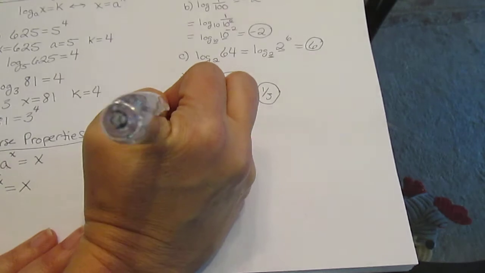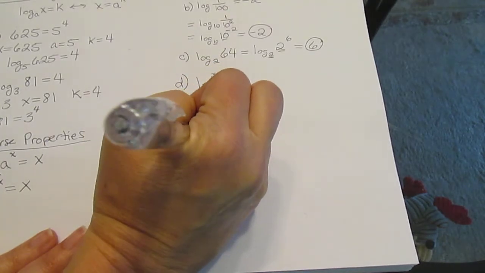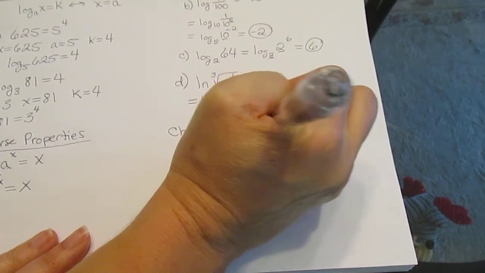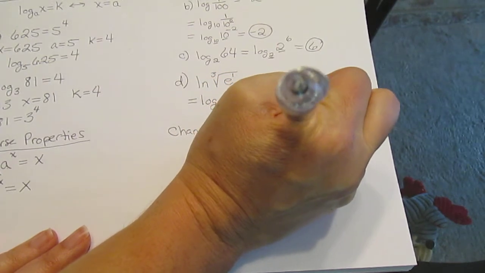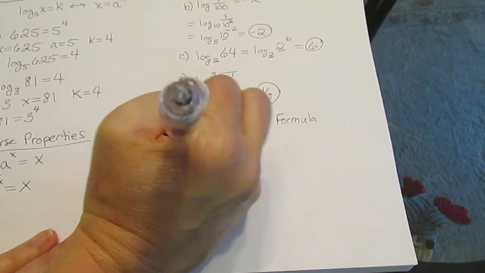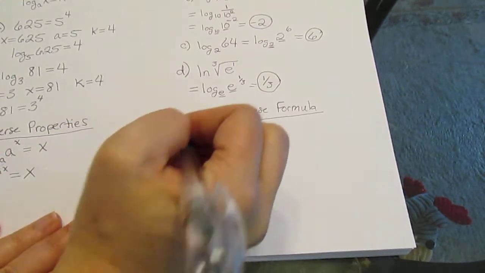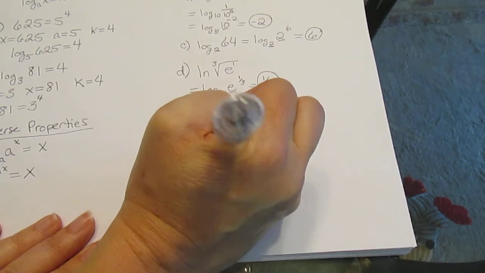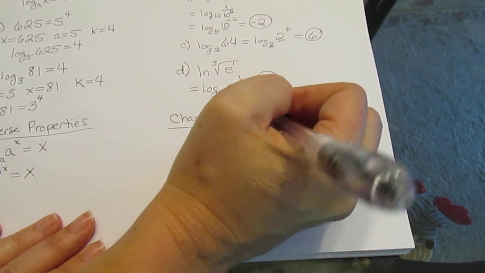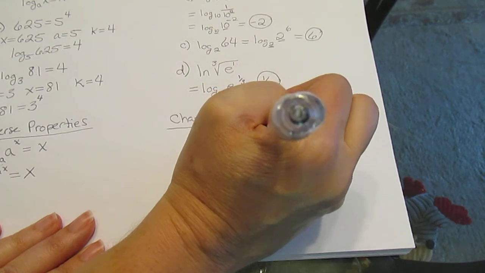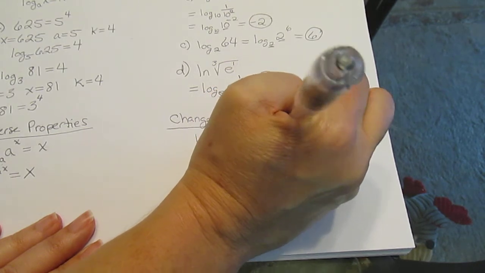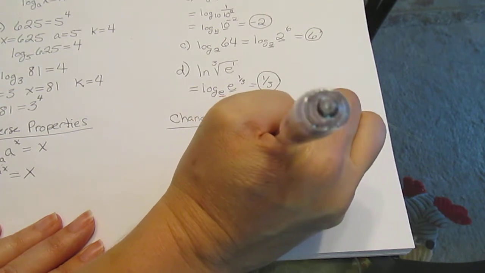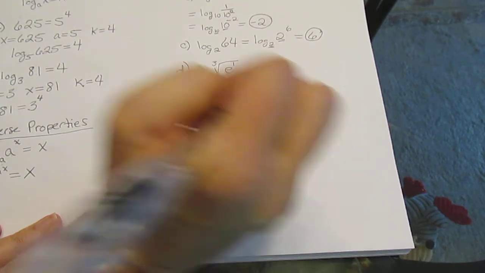So let me write down the formula. We've got log base b of x equals log base a of x all over log base a of b.